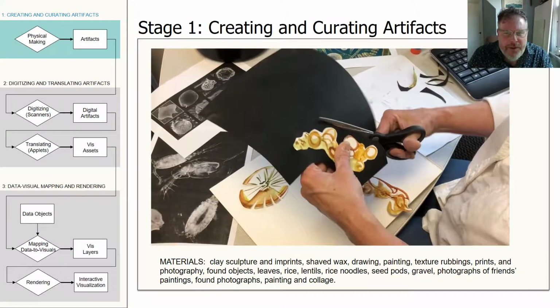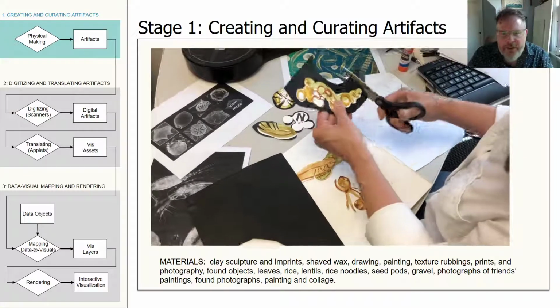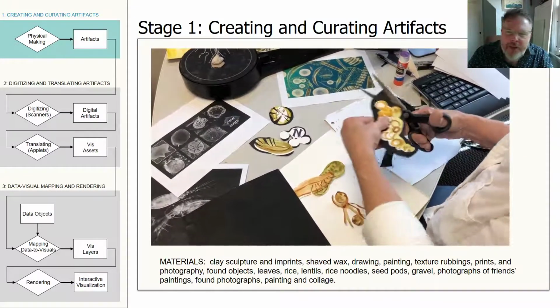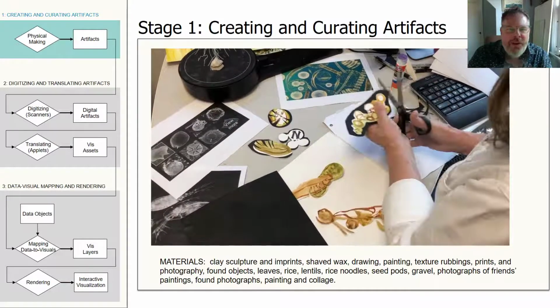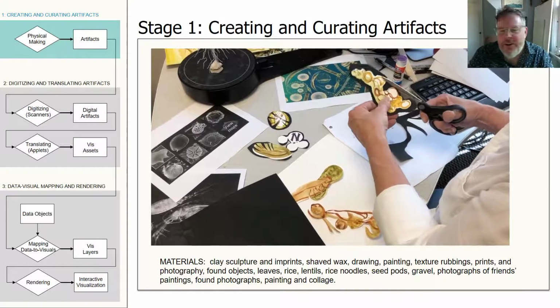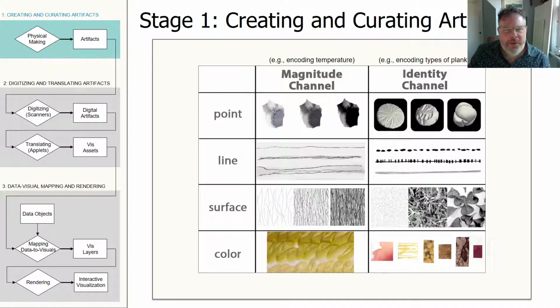We've looked at doing rubbings of natural textures, prints, taking photographs of friends' paintings, going out and photographing even just color that appears in nature. And all of these serve to create the visual language that is like the starting point for the data visualization. So we call those things artifacts, as in the physical artifacts that come up.